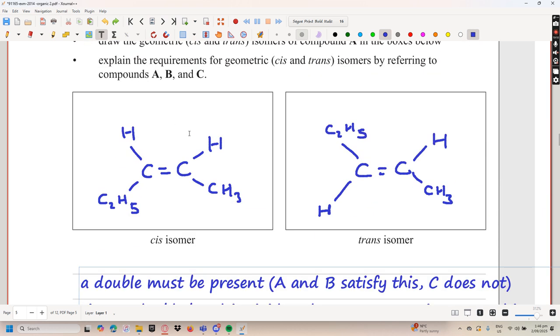So if you imagine looking at this, imagine I just made this an H, and then I made this an H.